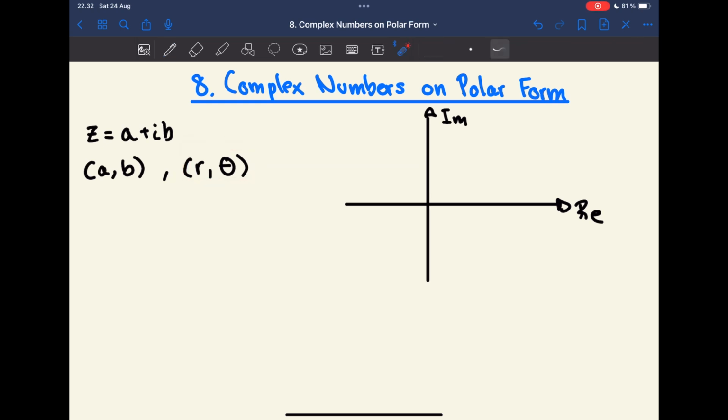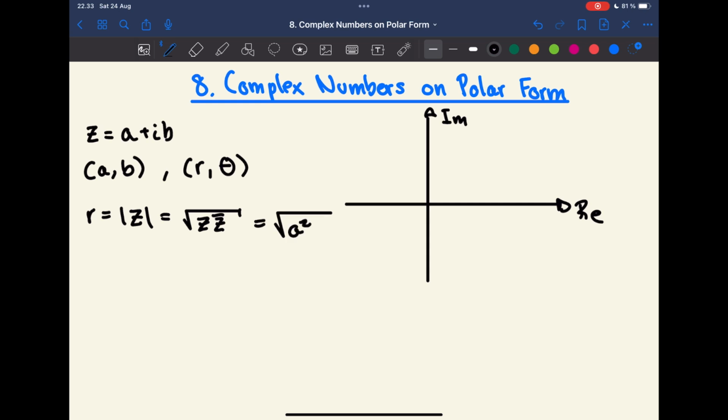So in that way we can reach every single number in the complex plane just by these two numbers, the modulus and the argument. All right, and in the previous video, which I of course recommend you watch if you haven't seen it already, we saw that the modulus r, we also called it the length of the complex number, and we could find it as either the square root of the complex number c multiplied with the complex conjugate, or we could just say it's the square root of a squared plus b squared.